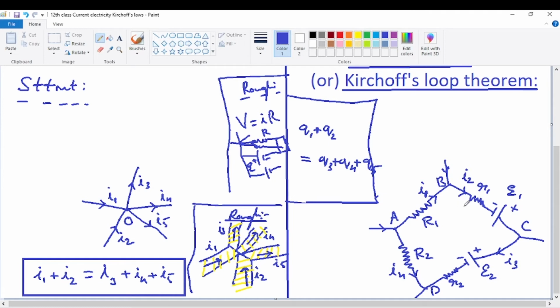Now this is also directly proved from another very powerful conservation law. Already we have seen the current law is based on the law of conservation of charge. Now here the voltage law is directly proved from the law of conservation of energy when it is applied to an electric field. Inside each conductor, current is flowing. Current flow is nothing but flow of charges.